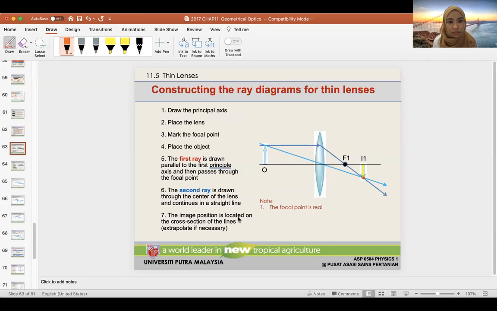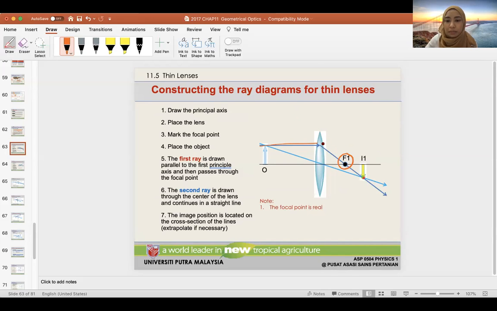Okay, so this one is converging. How do I know if it's converging? Because the focal point is at the back of the lens. Remember, something that we expect is our converging. So I want my light to travel from here. I expect the light to be refracted because the lens lets us refract light. It does not reflect, it refracts.